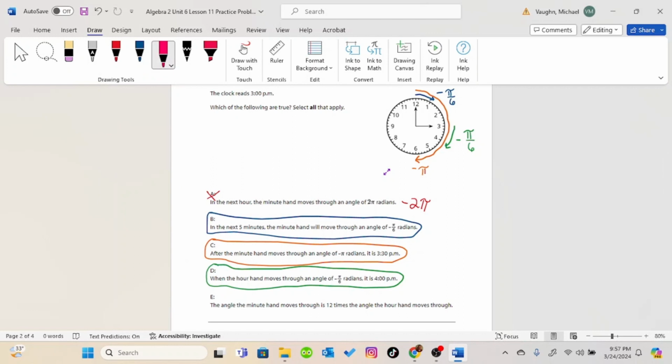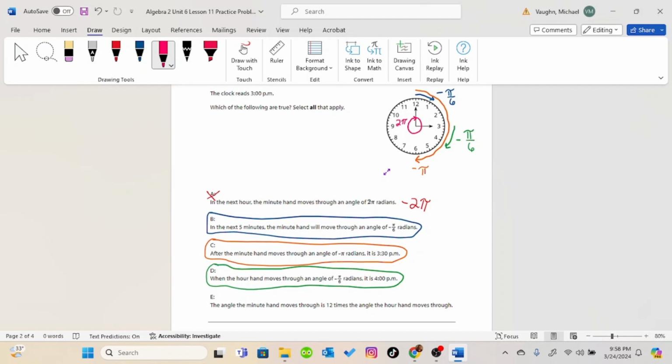And choice E, the angle the minute hand moves through is 12 times the angle the hour hand moves through. And what they mean is that in 1 hour, the minute hand will move from 12 clockwise all the way back around to 12. So it will move 2 pi.